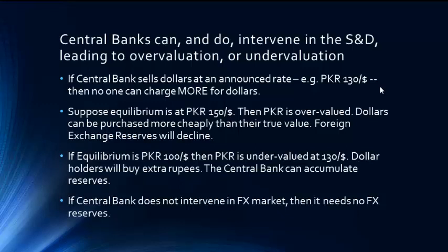The counter argument is that there is a lot of speculation. This would be a good thing to do if there was no gambling, and the price was being set by the market, which basically looks at the demand and supply of real goods, then the fluctuations would not be that high. But because people are gambling continuously, there are very high fluctuations, and that makes trade difficult, because to do foreign trade you need some stable idea of what the price is today and what it will be tomorrow.